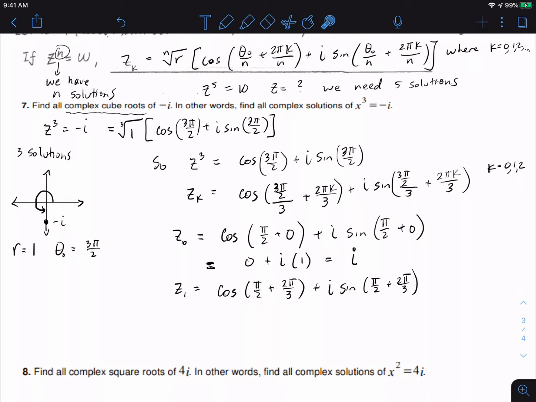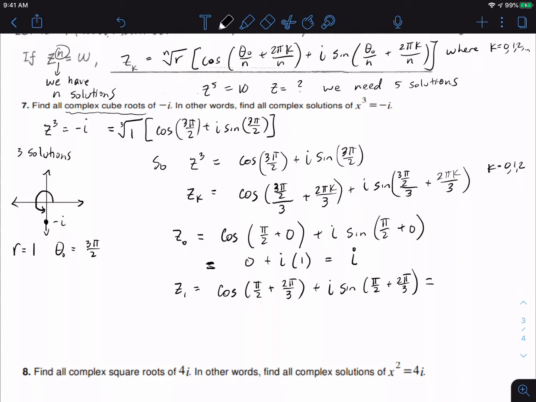Okay, good. So then I'm just going to, for space's sake, write it over here. So pi over 2 plus 2 pi over 3. The angle that results there is going to be over 6. So 3 over 6, 4 over 6, 10 over 6. 10 over 6 reduces to 5/3 pi.